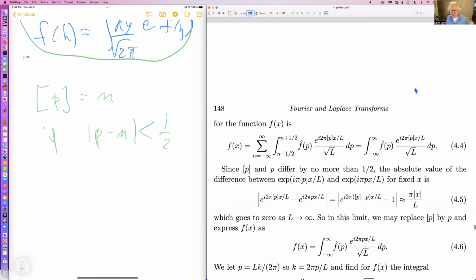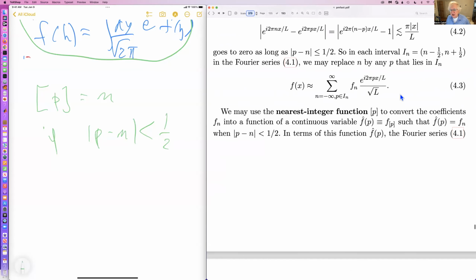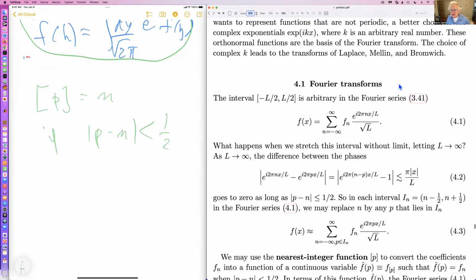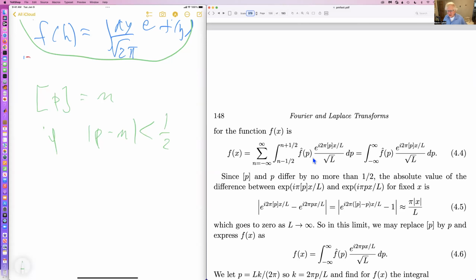And so now our function that originally was this now turns into a sum over all the intervals, integrating dp of f hat of p, and well, summing over the integers and integrating over each interval just means we're integrating p from minus infinity to plus infinity.